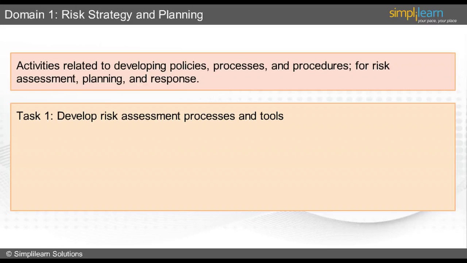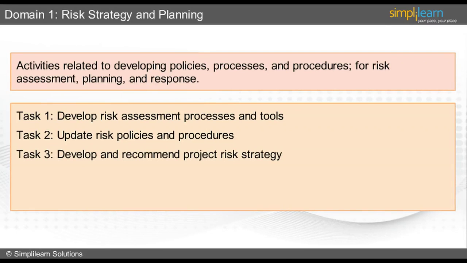Second task is to update risk policies and procedures using lessons learned and risk audit outputs. The third task is to develop and recommend project risk strategy based on project objectives, which help in developing risk management plan.